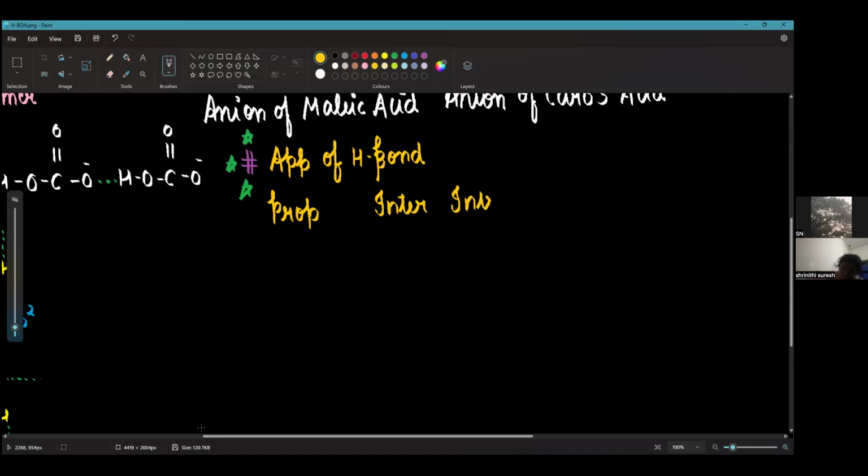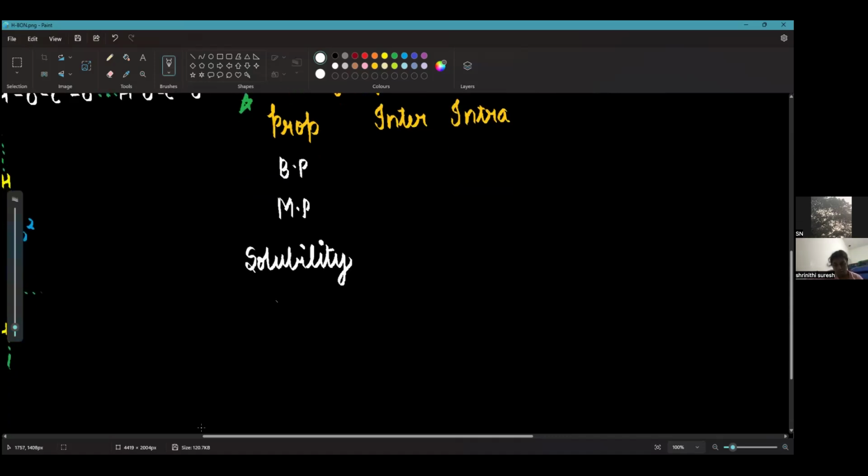So what effect hydrogen bonding has on, say, boiling point, then melting point, okay, then solubility, and vapor pressure. VP stands for vapor pressure, okay.